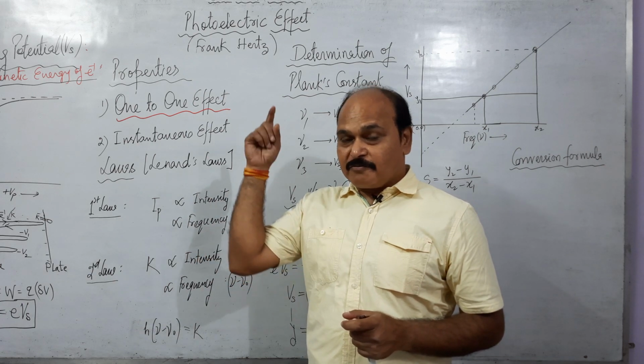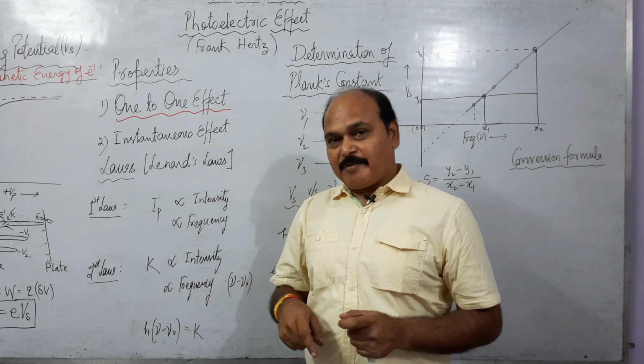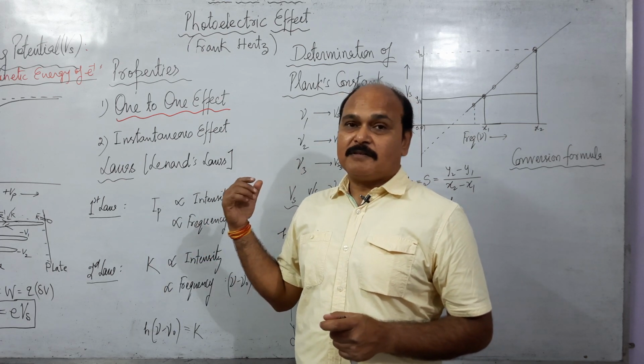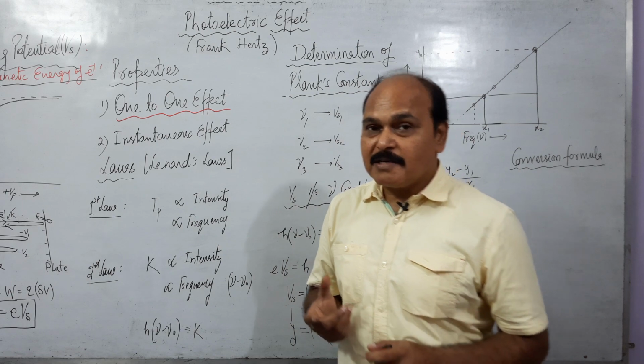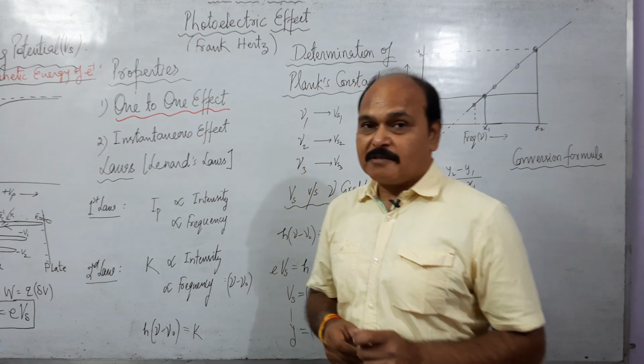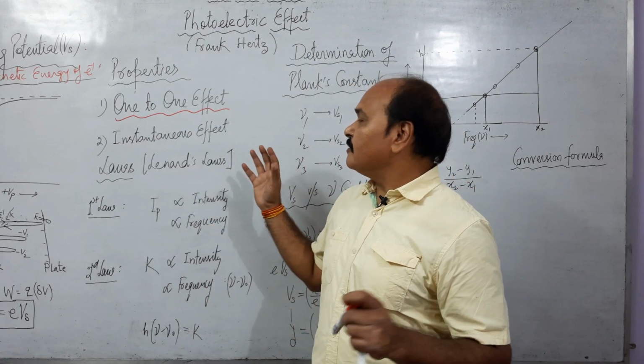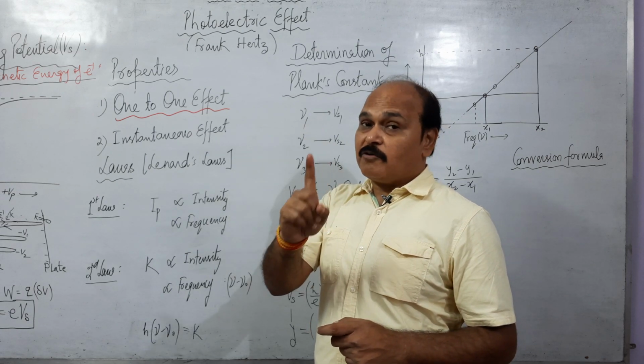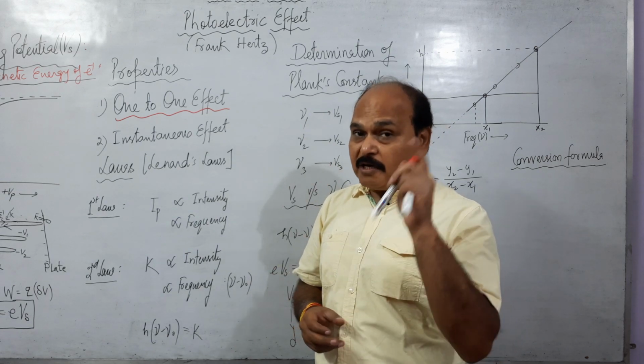So the number of photons falling over the surface is the same as the number of electrons coming out of the surface, provided the energy of the photon is greater than the work function. Whatever may be the energy of photons, one photon will always cause the emission of one electron.